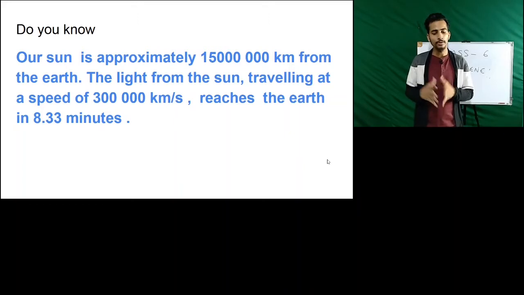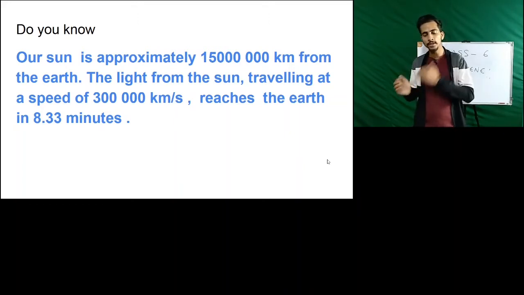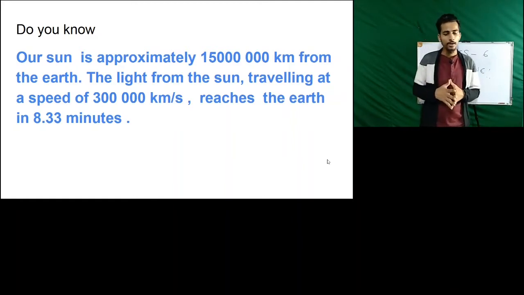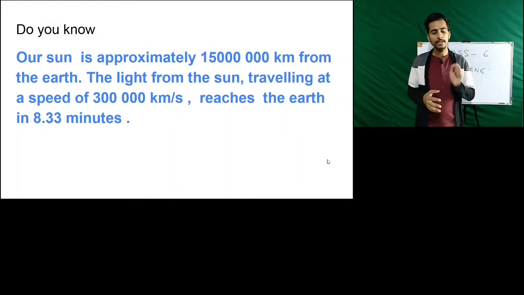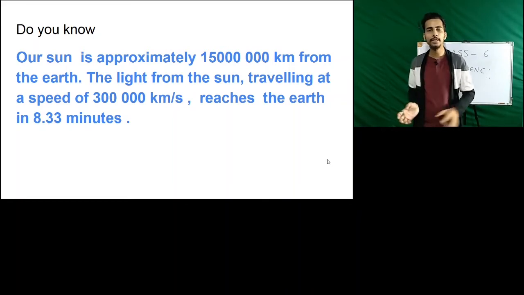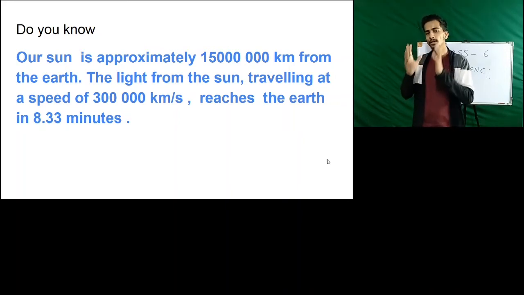For that we need to understand that the Sun is around 150 million kilometres away from the Earth, and light travels at 3 lakh kilometres per second. For light to come from the Sun to the Earth, it takes about 8.33 minutes.